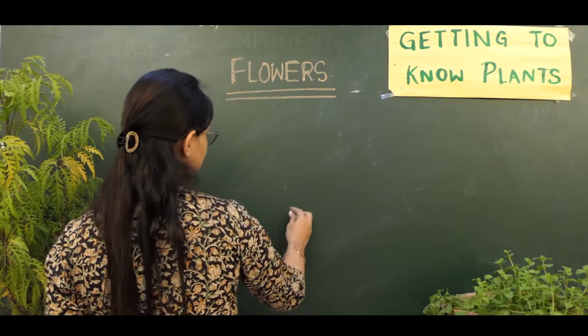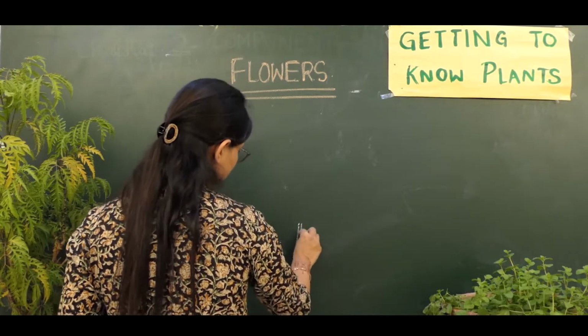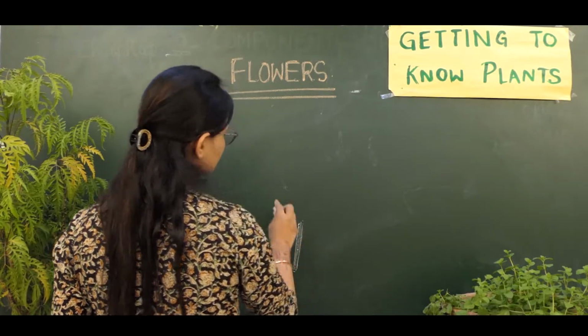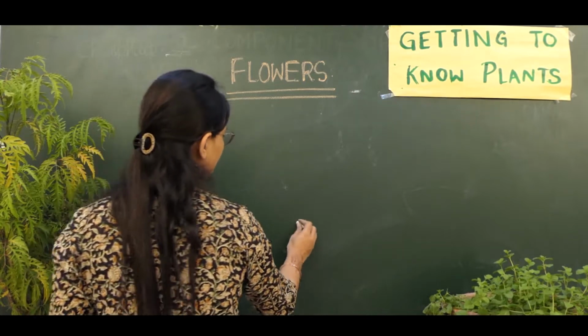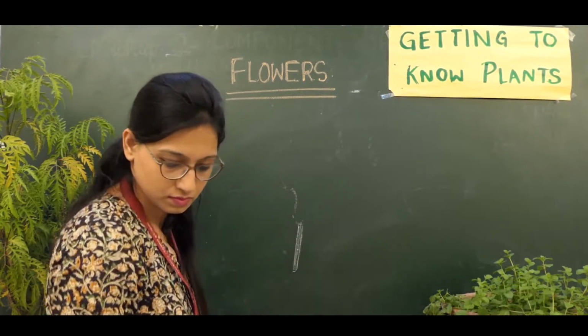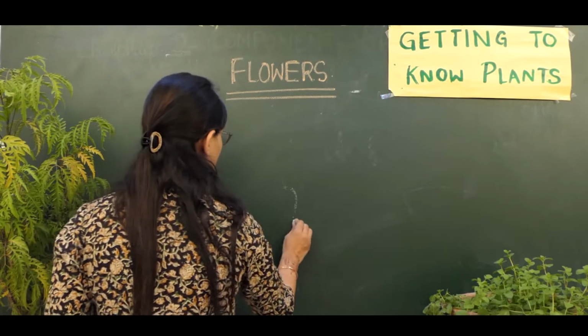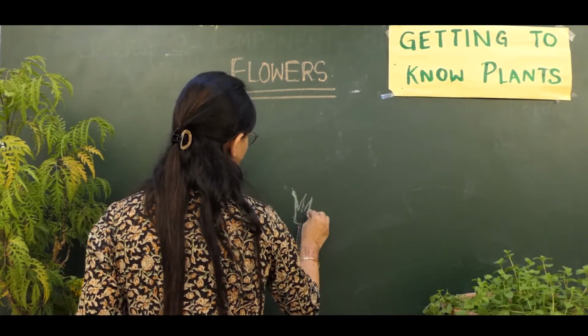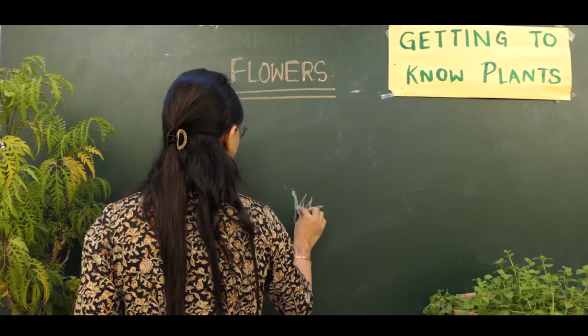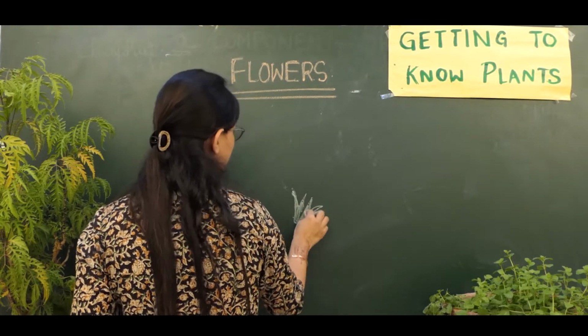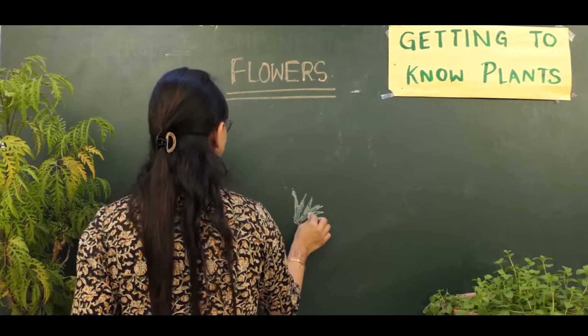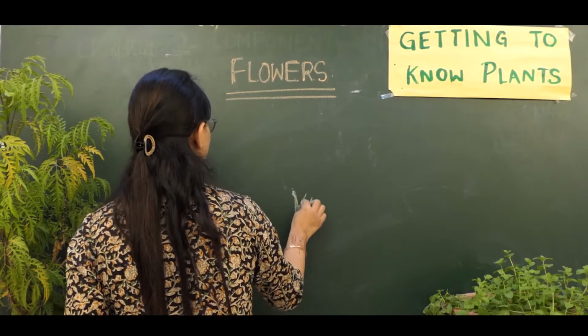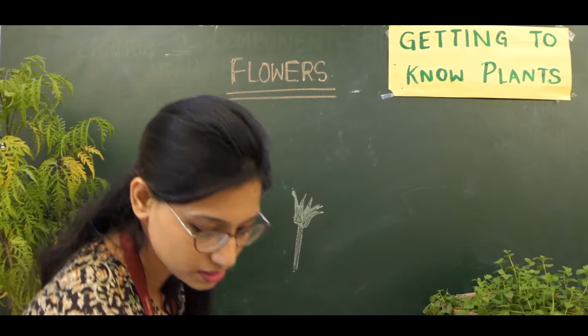So when I see a flower, I see that there is a stalk which is called pedicel. Then comes the small leaf-like structures. Right? These are not leaves. They look like leaves, which are called sepals.